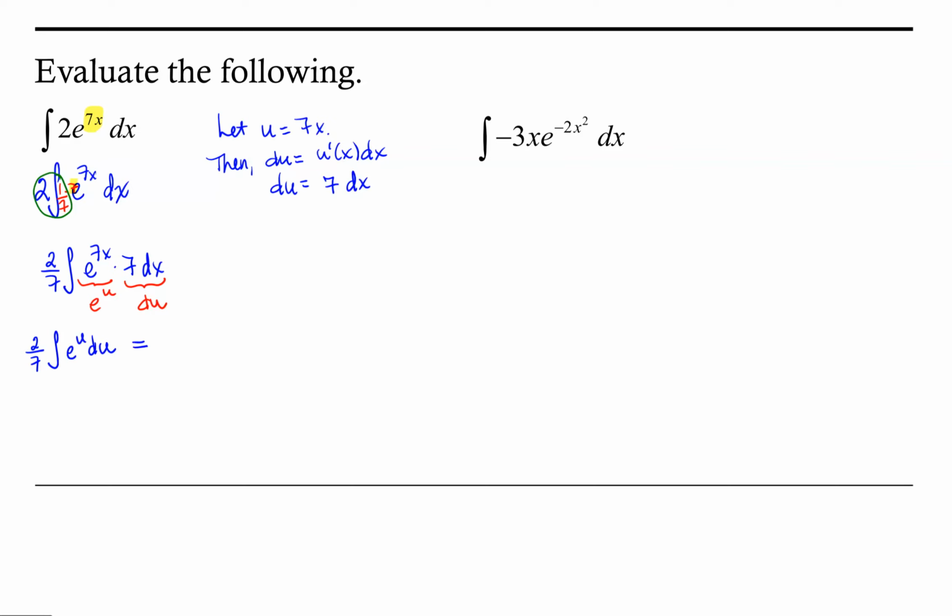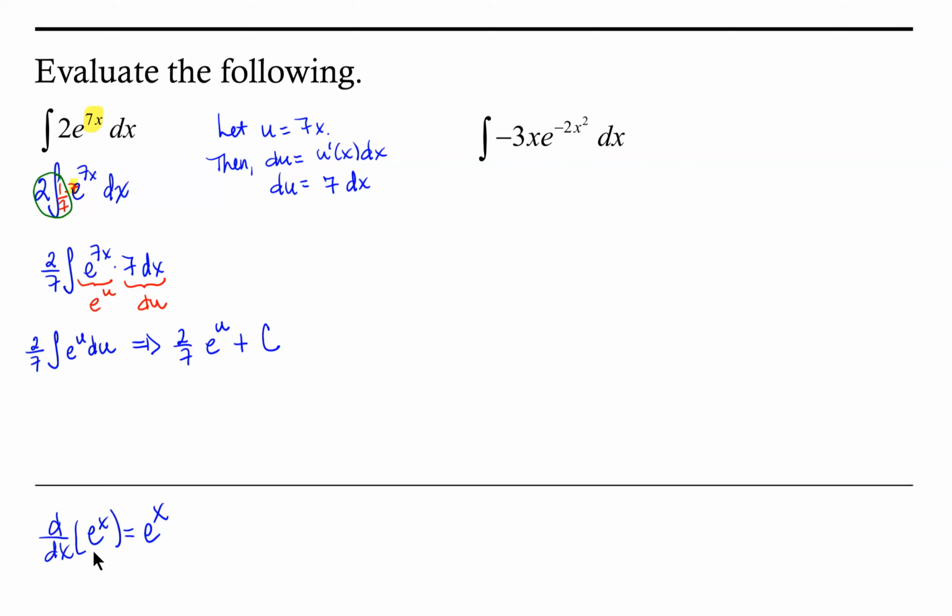Now the antiderivative of e to the u is simply e to the u. Recall that the derivative of the exponential function e to the x is e to the x. So if I integrate e to the x, I end up with e to the x. Then we'll have plus our constant of integration.